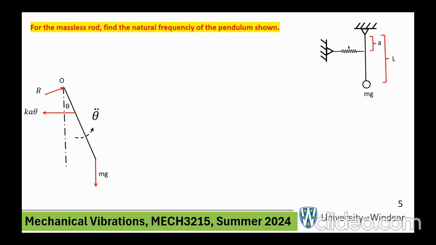The question is, how does the mother of all equations look like? In other words, something times the variable of interest double dot plus something else times the variable of interest equal to 0. In other words, an effective mass times acceleration, which can be linear or angular depending on what you chose as coordinate, plus stiffness, whatever that stiffness is.